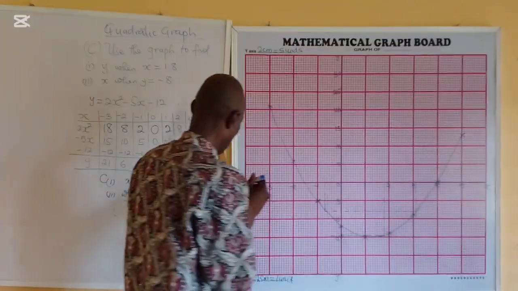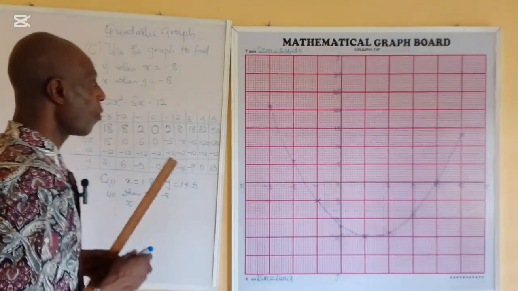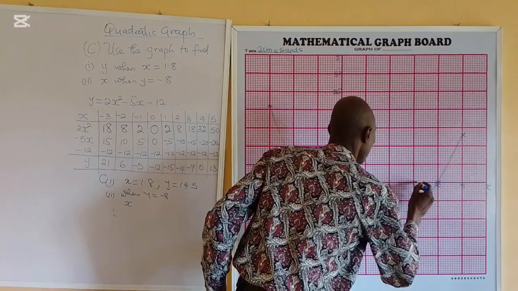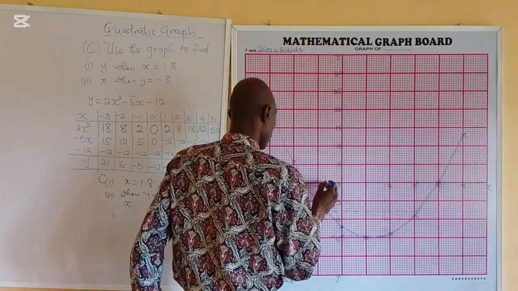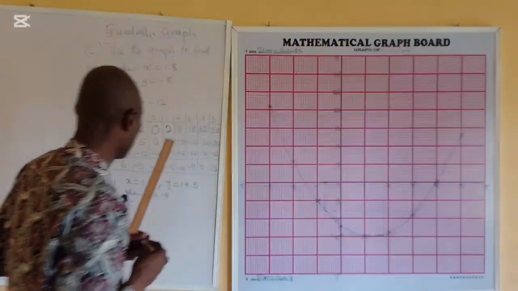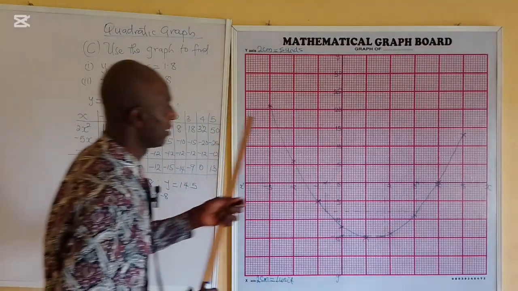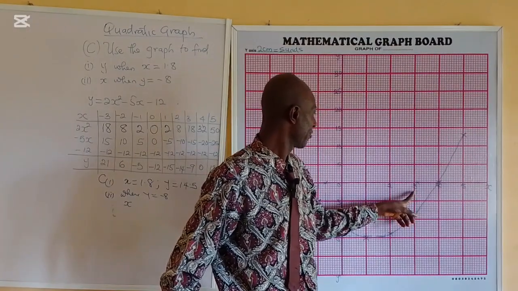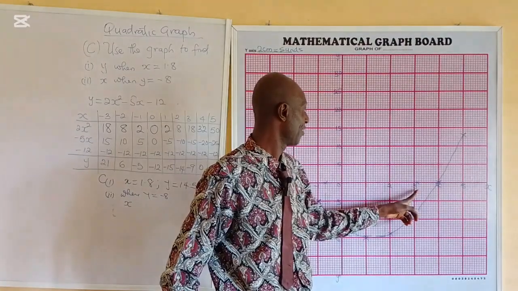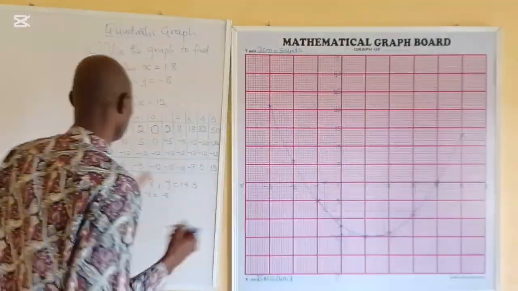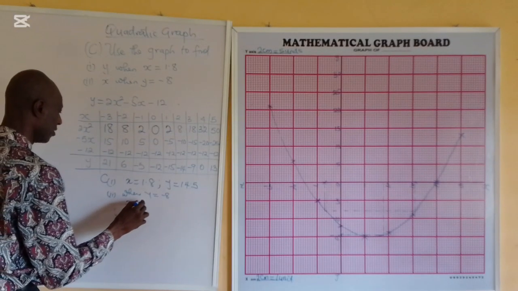Okay. Now, what is the value here? And the value here. That is our value for x. Let me look at this. Here is 3. It's after the first line after 3, which is 3.1. So x is 3.1.